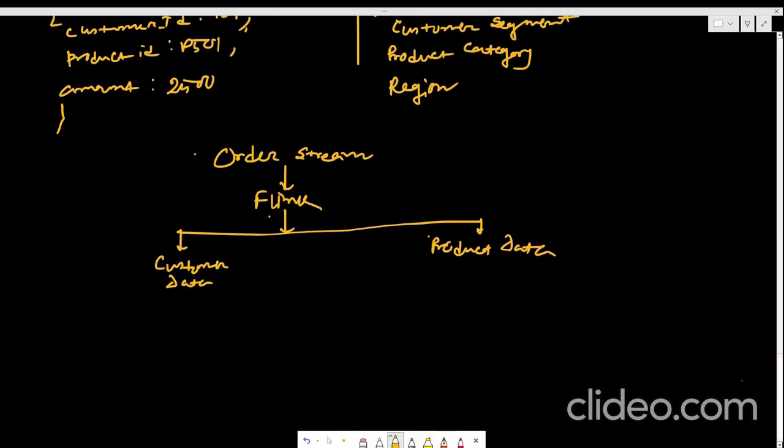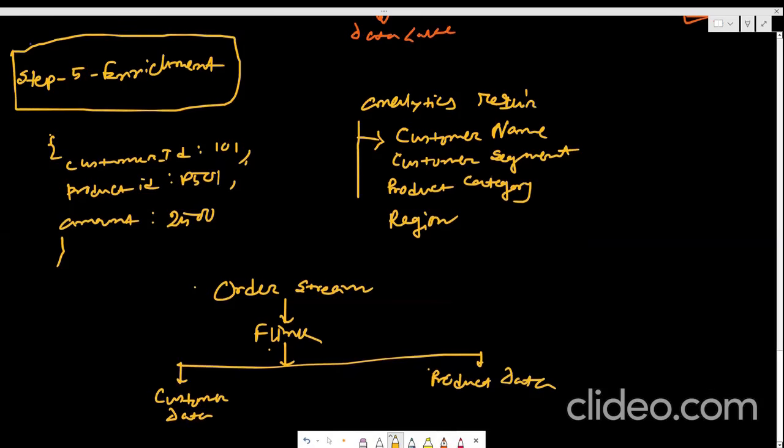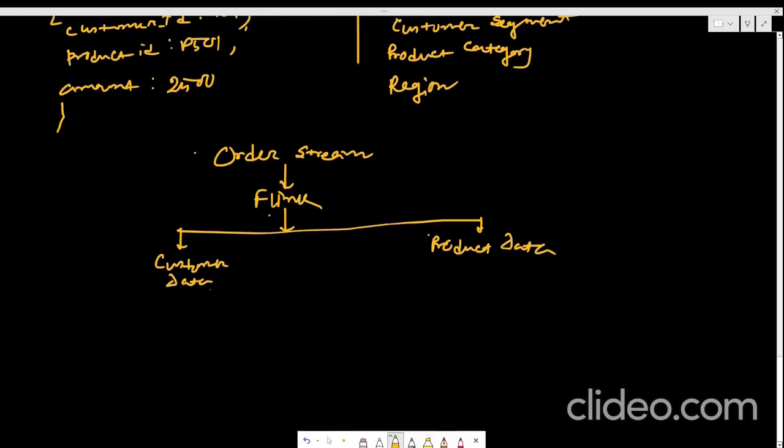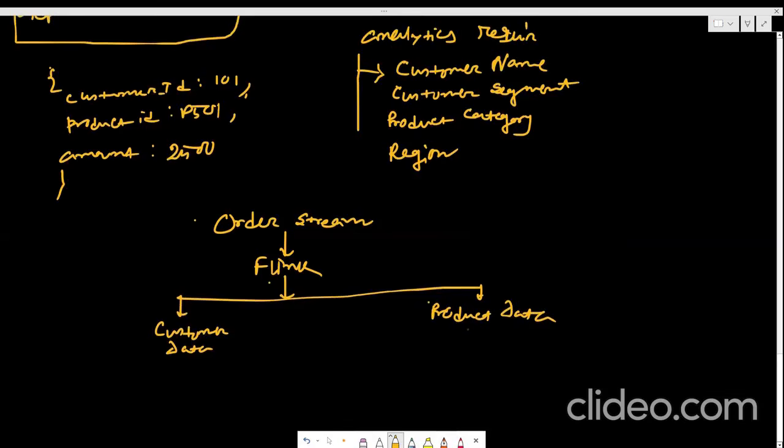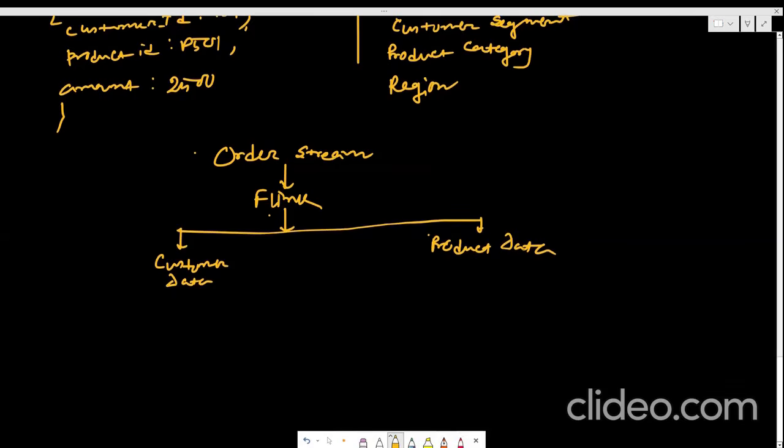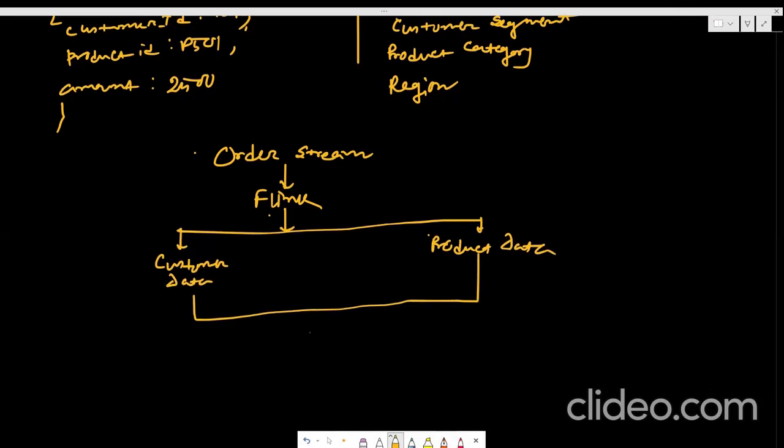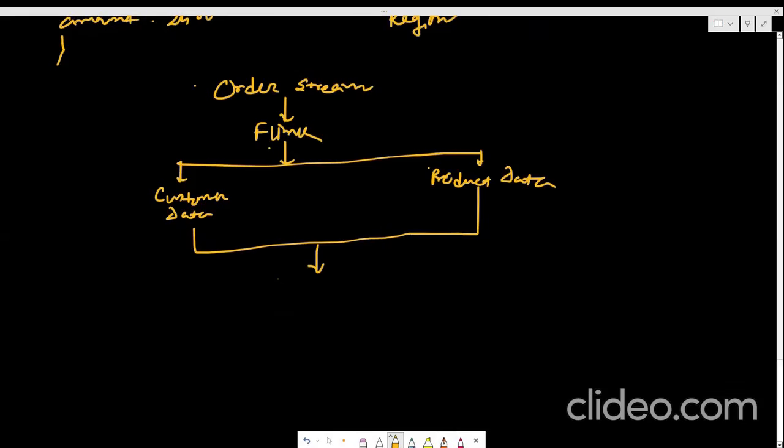The customer name and customer segment, whatever is required, can be taken from the customer data source, and the product category and region can be taken from the product data. From these two, the data will be enriched, and we get the enriched data.